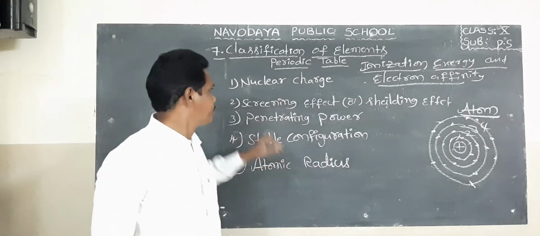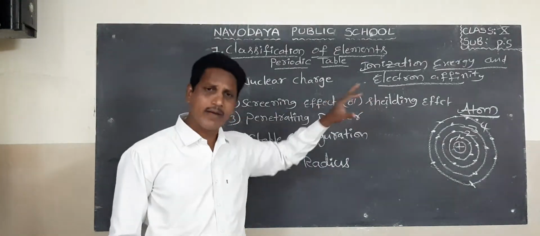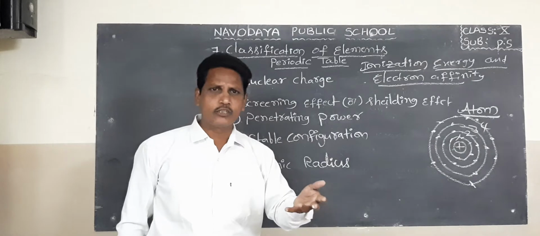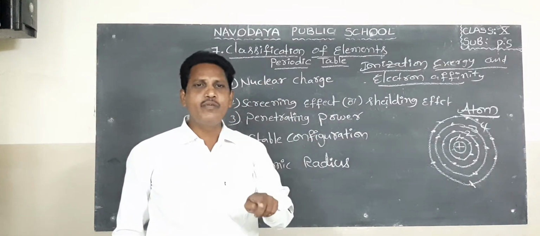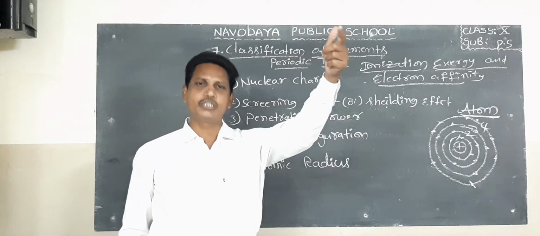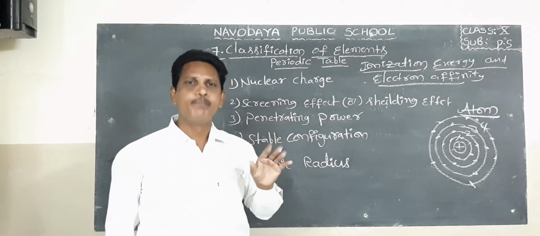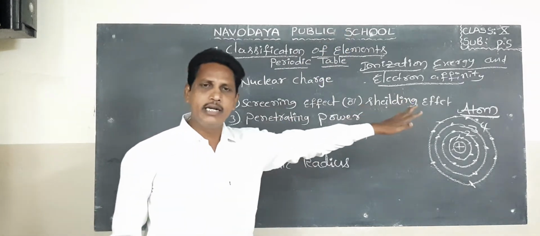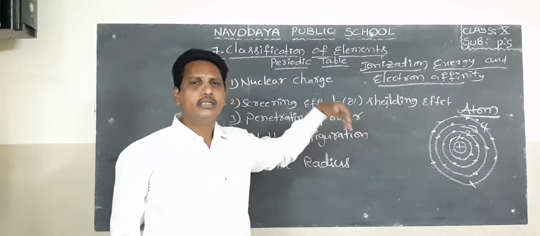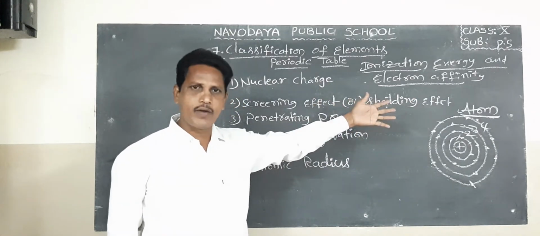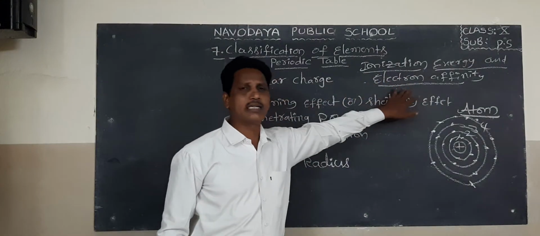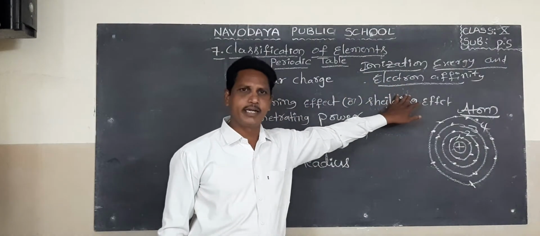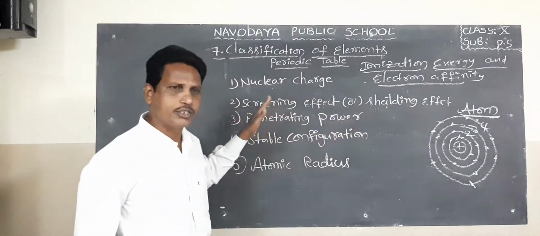So totally, the screening effect is the number of shells with electrons between the nucleus and the outermost shell. More screening effect, less ionization energy and electron affinity.